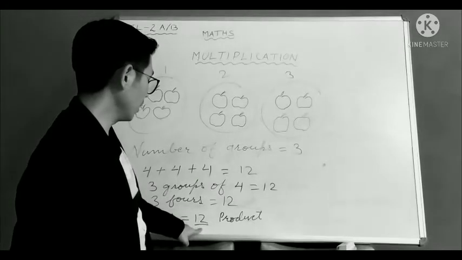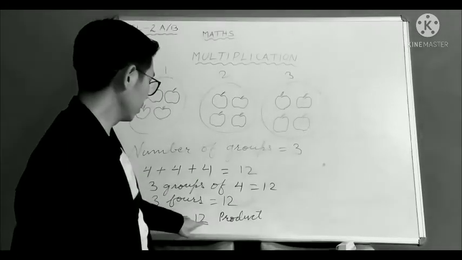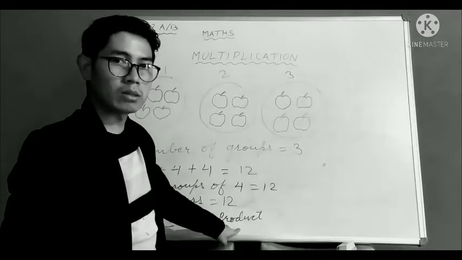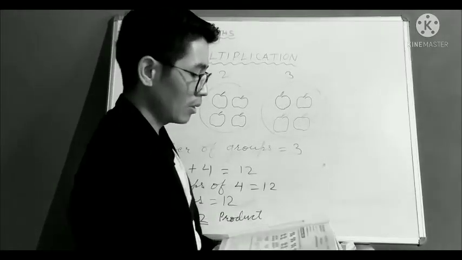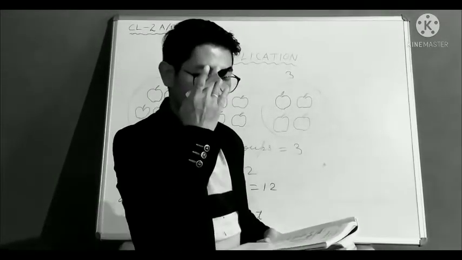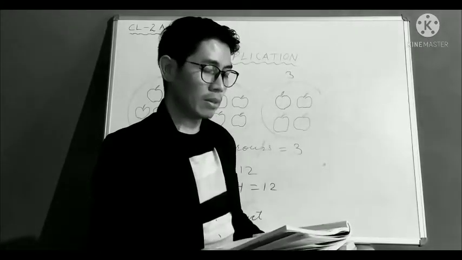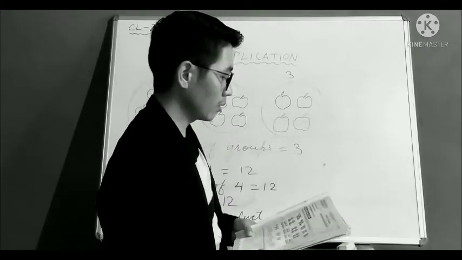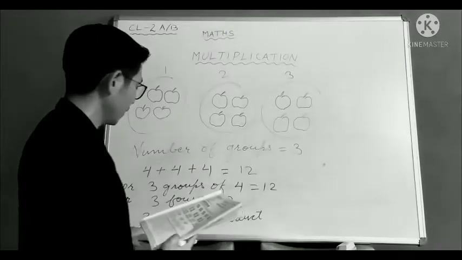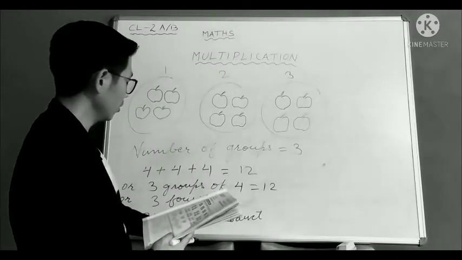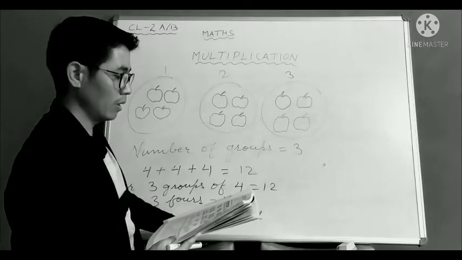The answer which you get after multiplying is your product. Okay. This is not very important for you for now, but later on it will be required. So next, we read 3 into 4 equals 12.